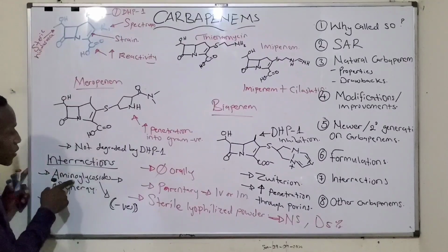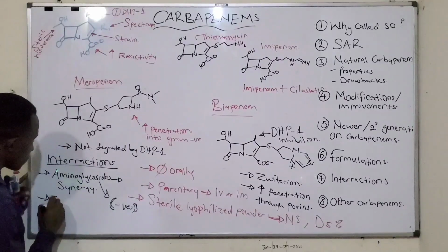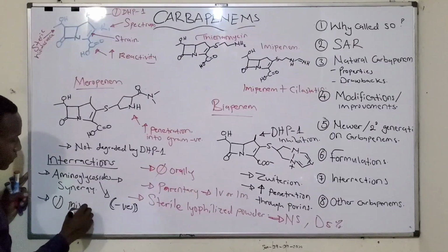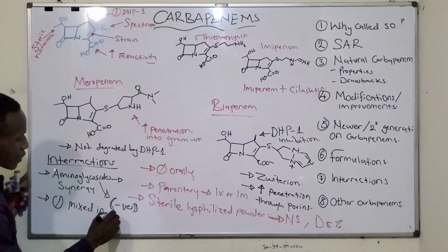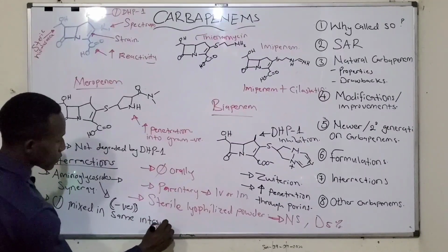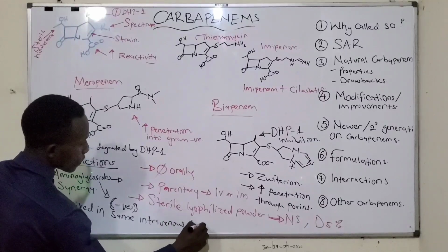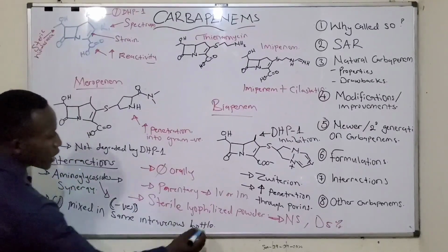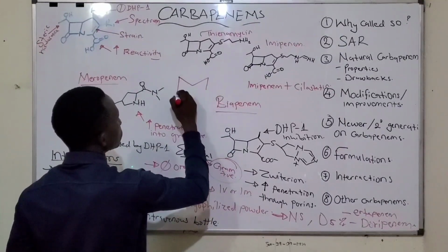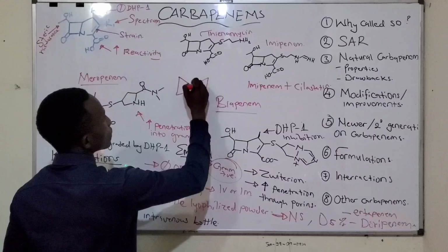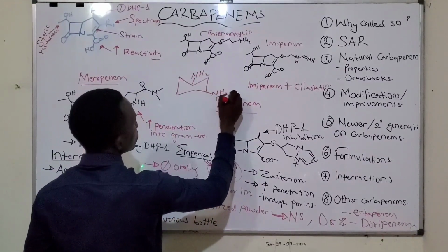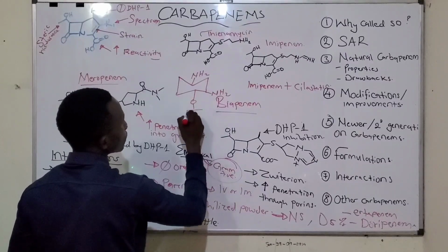Though these drugs have a synergistic reaction, they should not be mixed in the same intravenous bottle, because they inactivate each other. For example, if you have an aminoglycoside here, this is a sugar moiety here.